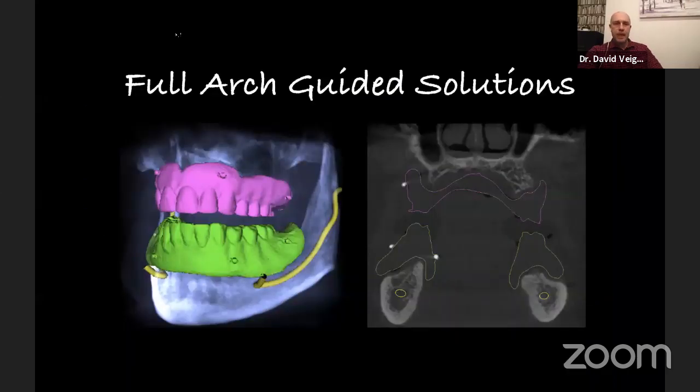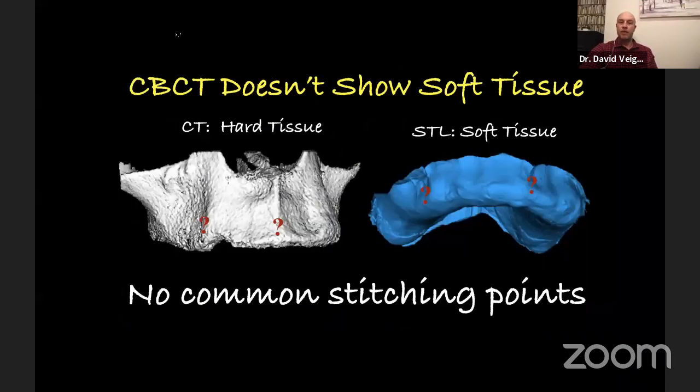Okay. So let's talk about full-arch guided solutions. So this is where we're planning a full-arch restoration using implants, but we have no teeth to use as reference points. So we only have soft tissue. So we have a difficulty with merging the two, the data of the soft tissue and the CT scan of the patient.